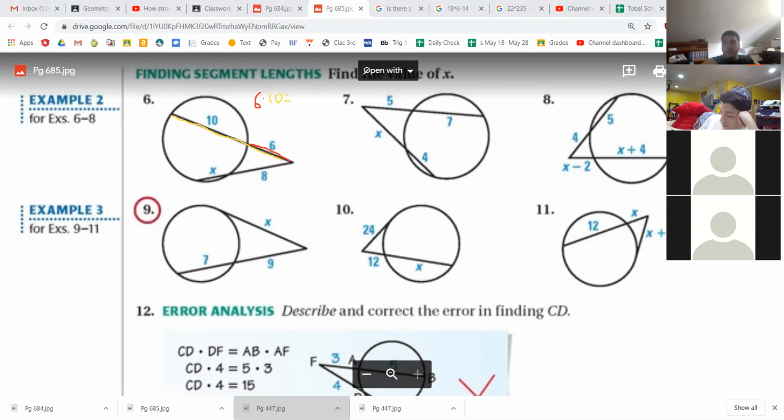That's going to equal the piece, I'll do it in red, the piece times the whole. The piece here is 8 times the whole, which we don't know what x is, so we have to write it as x plus 8.